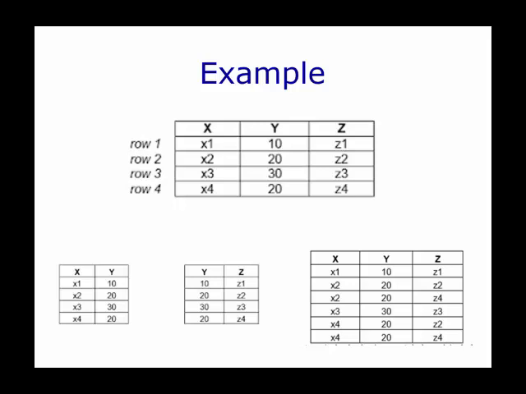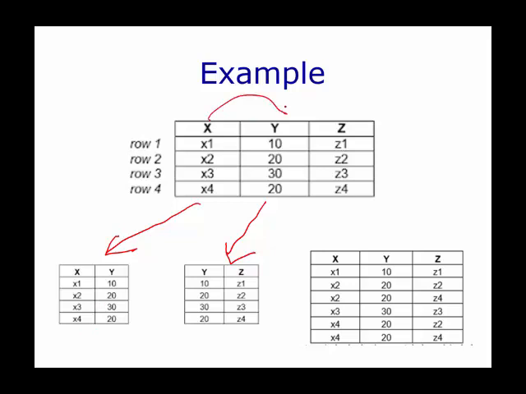So the result, if we combine it again, it must get the same result. Okay, right now example number 1. We have one table consisting of three attributes, which are X, Y, and Z once again. And then we will try to decompose it into two tables. When we decompose it into two tables, the result will be like this. So we have four rows, x1, x2, x3, and x4.